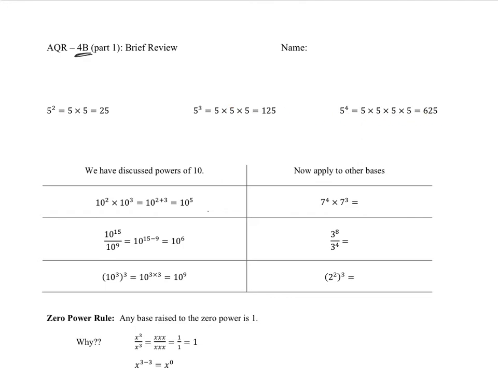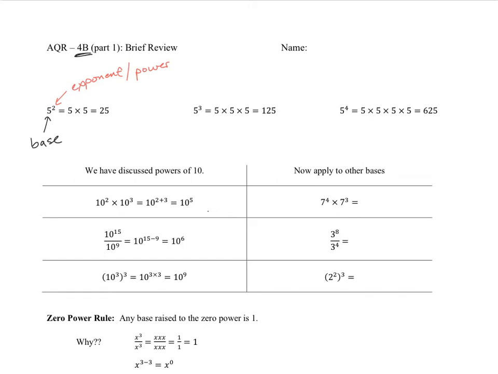exponents are and how they work. So we call the big number here the base, and we call the smaller number up here, what we say is superscripted, the exponent or the power.